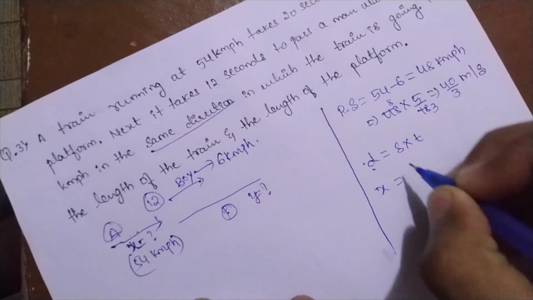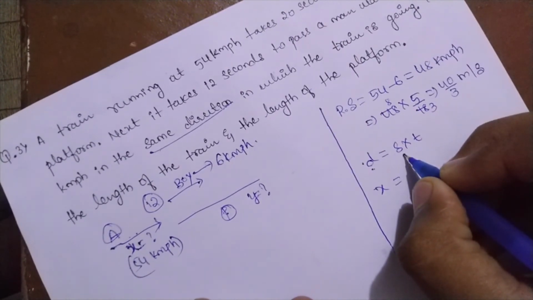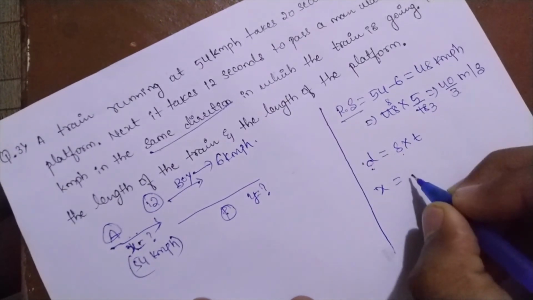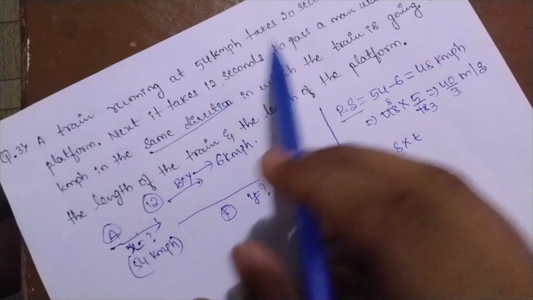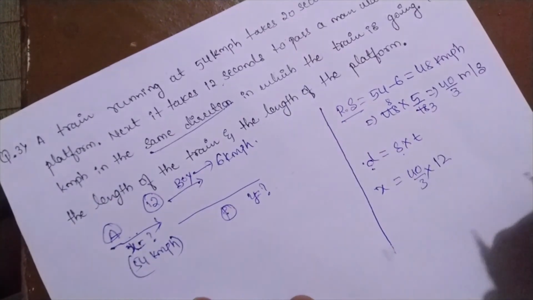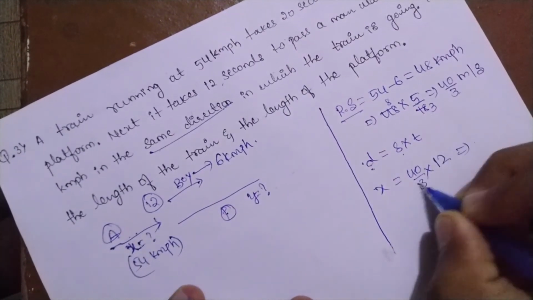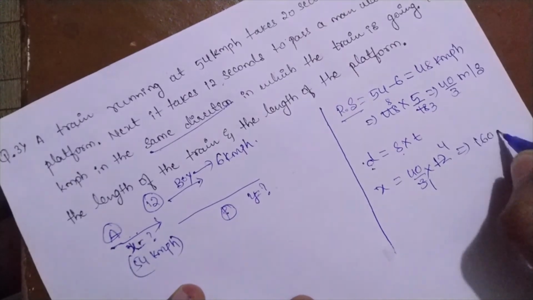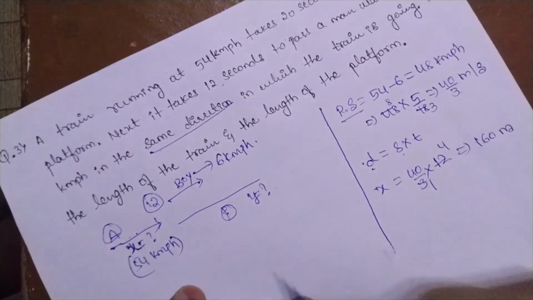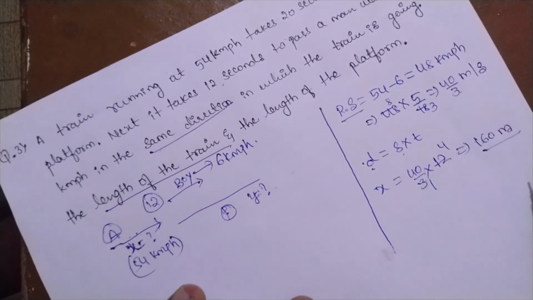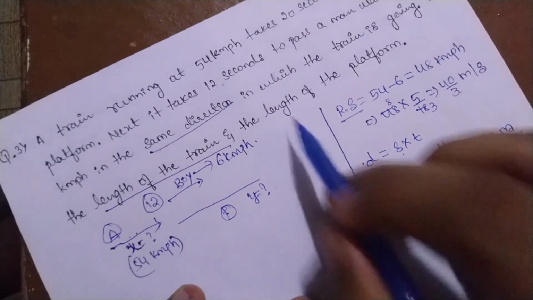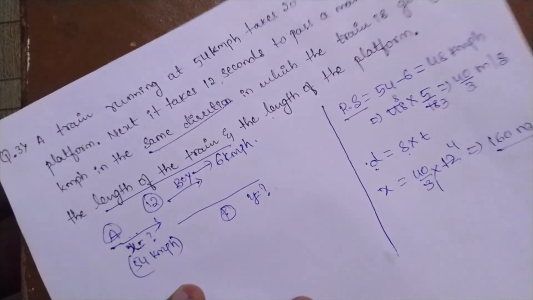So x equals the relative speed, 40 by 3, into 12 seconds, the time the train takes to cross the boy. So 40 by 3 into 12 equals 160 meter. So we found the length of the train as 160 meter. Now let us find the length of the platform.